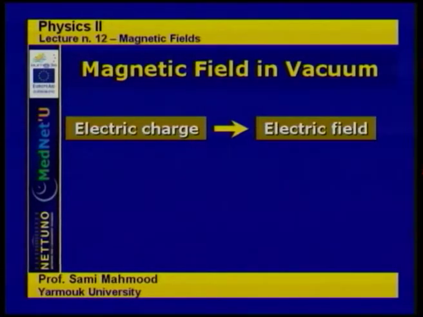Thus, we have seen previously that an electric charge existing somewhere in space would lead to the presence of an electric field in the space around it.